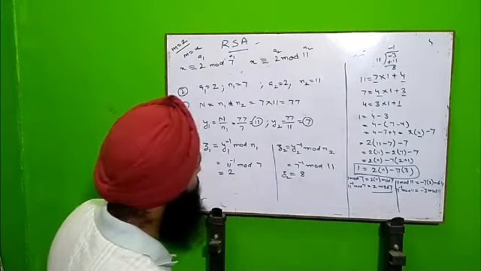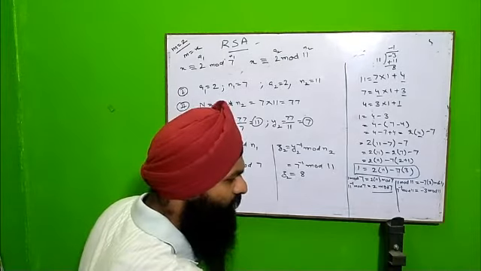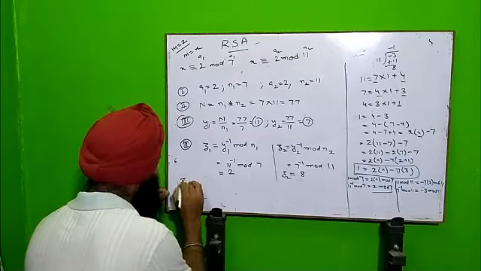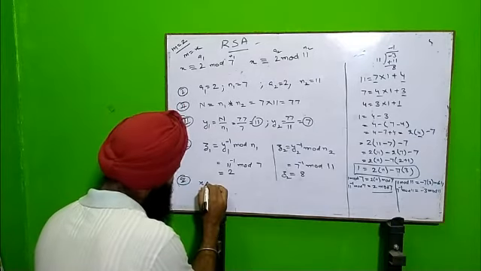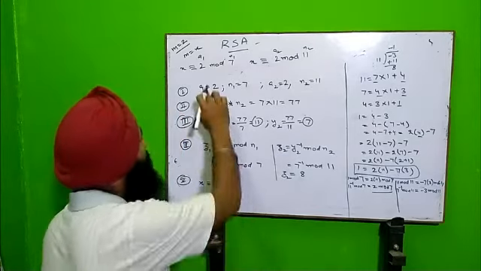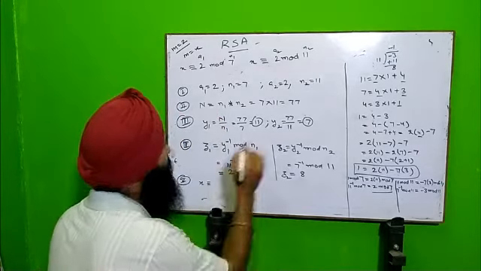Okay, fine. So now the last step is finding the x. Fifth one is finding the x. X is congruent to the summation of A1, Y1, Z1 and A2, Y2, Z2.